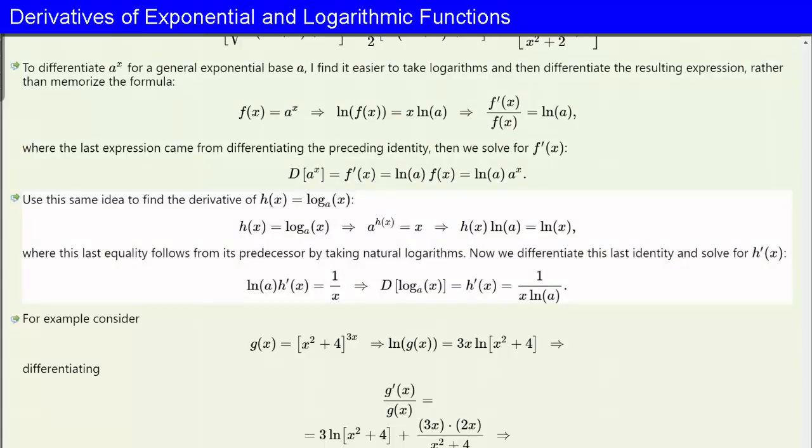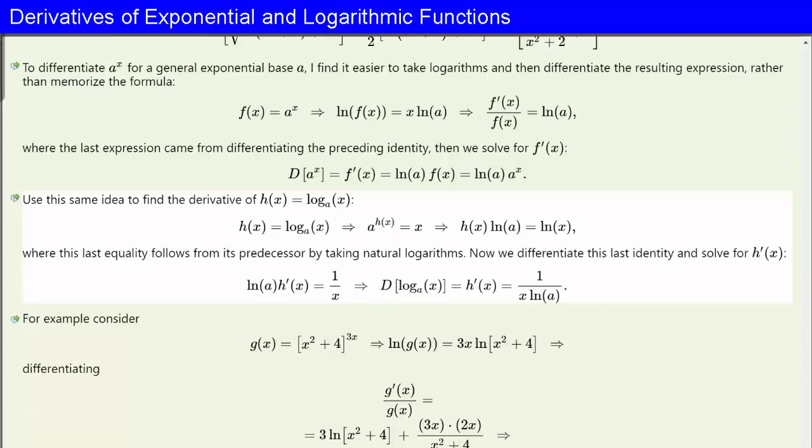You can use this same idea to find the derivative of h of x equals log base a of x. If h of x is log base a of x, that means that a to the power h of x is identically equal to x. Now take natural logs of this identity to get h of x natural log of a equals natural log of x. Now we differentiate this last identity and solve for h prime.